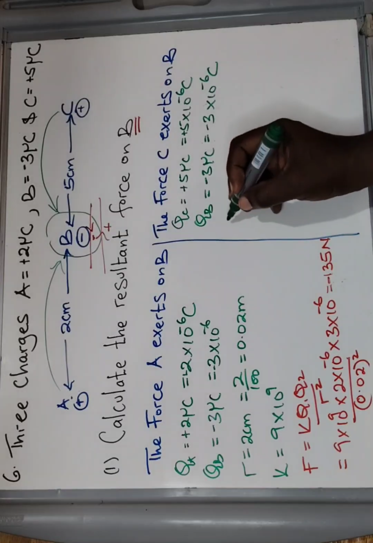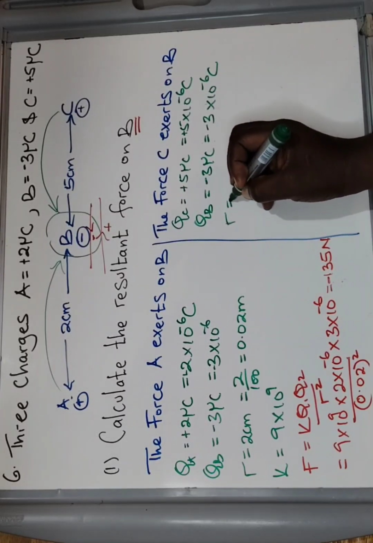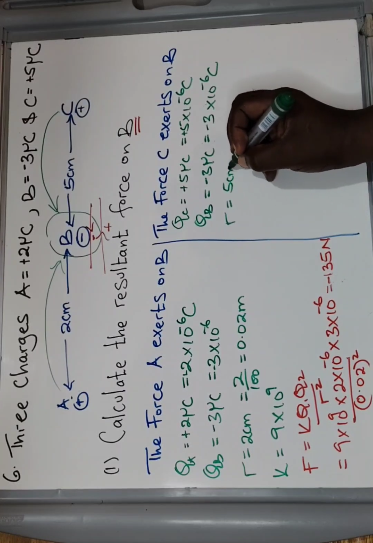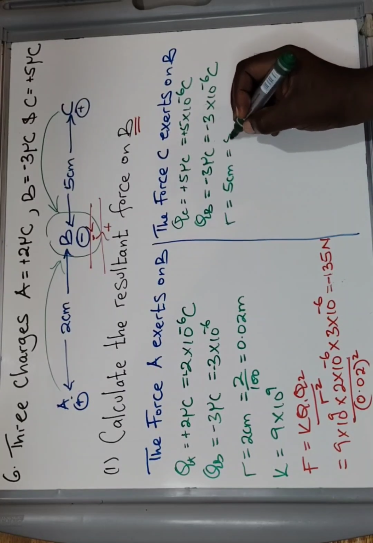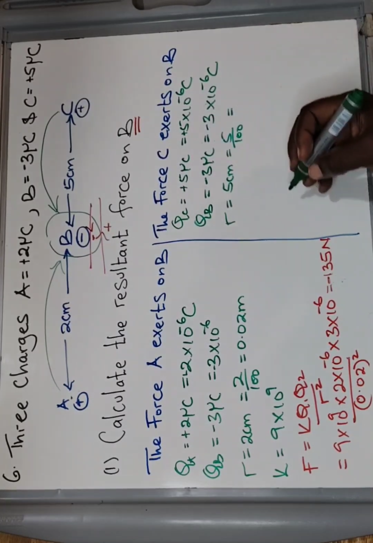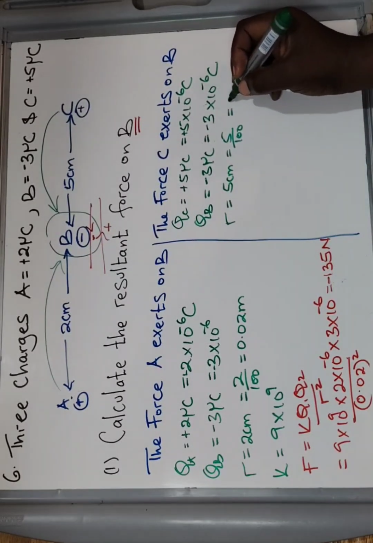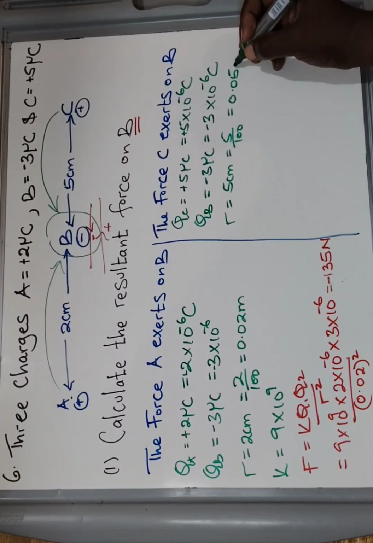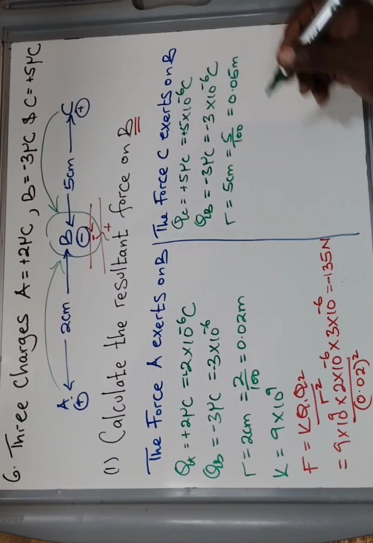And you have the intermediate distance. It is 5 centimeters. And if you change it to meters, you get 0.05 meters.